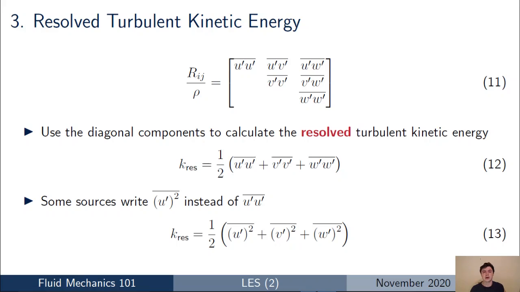And just to emphasize what we've spoken about before, once we have this resolved Reynolds stress tensor, we're going to take those diagonal components and add them together, and that will give us the resolved turbulent kinetic energy.